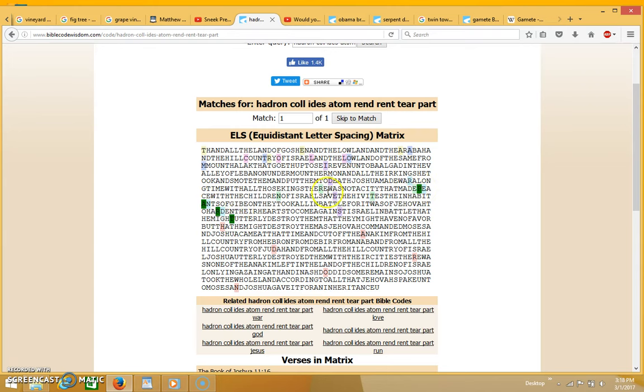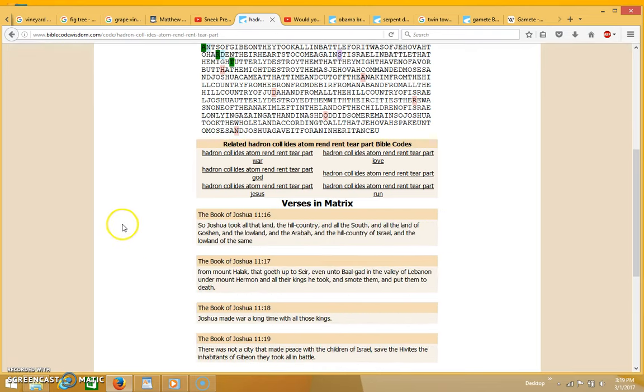And in the light green, you have the word rent. And all these words mean to tear. And then you have the word hadron coming up in the light red with the letters H, A, D, R, O, N. And so I'm going to go ahead and read the text.